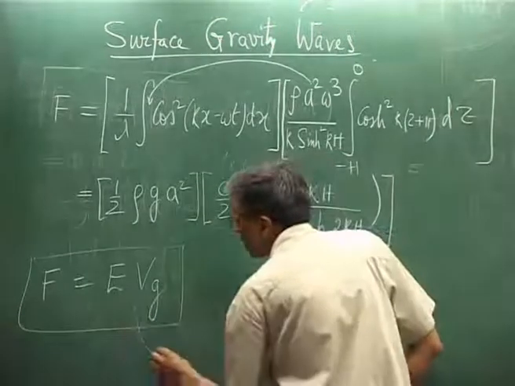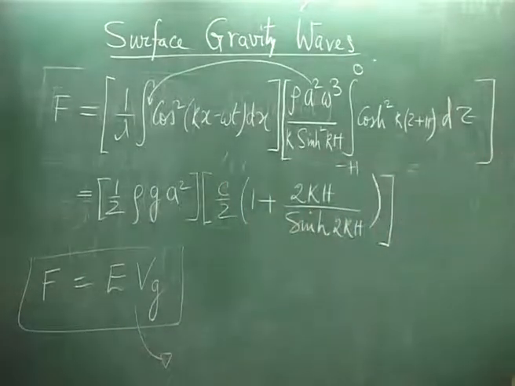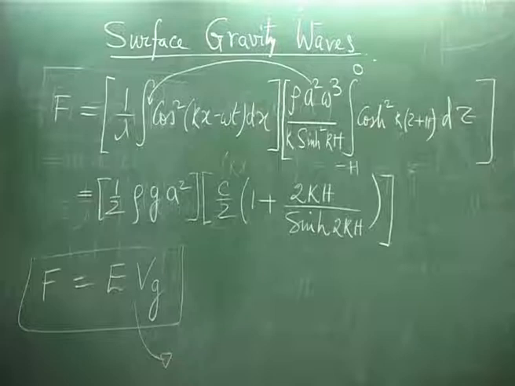Many times we are so preoccupied with simple linearized waves, where Vg equals c, that we draw a general conclusion out of a mistaken notion that Vg is always going to be c, and that is not the case.